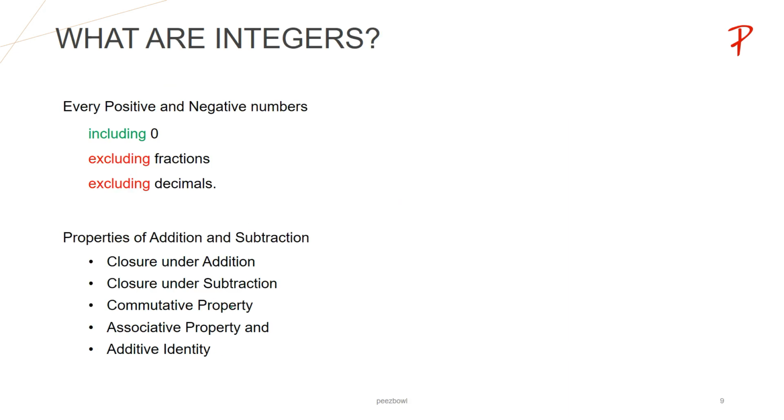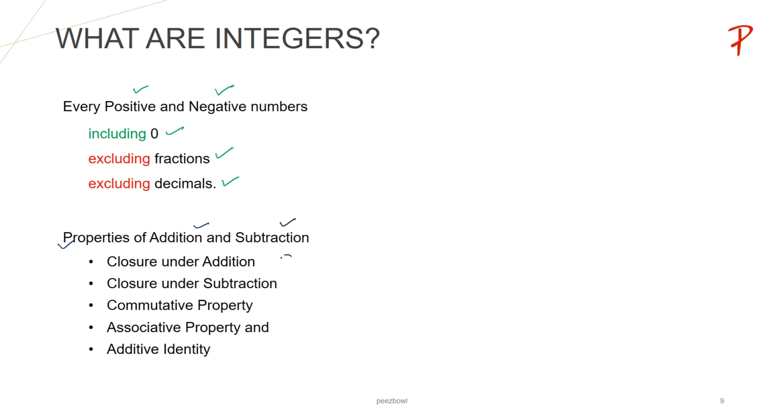So what we have seen: integers are defined as every positive number, every negative number, including 0. Integers do not include fractions, they do not include decimals, right? Then we have seen properties of integers for addition and subtraction. First we saw closure under addition.